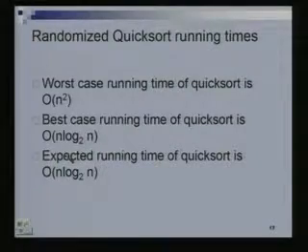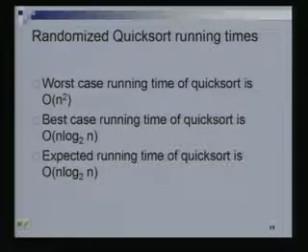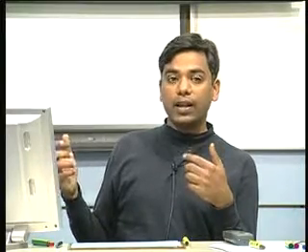And this behavior is similar to what we also saw in the last class, when I'm trying to insert n elements into a binary search tree. What is the worst case time? N square. It happens when my sequence is sorted. What is the best case time? N log n, again there.